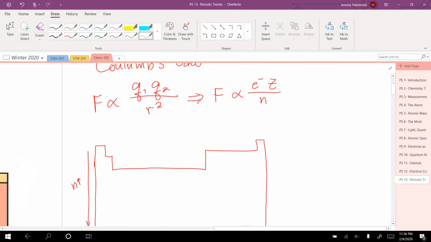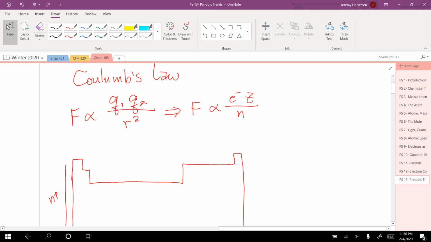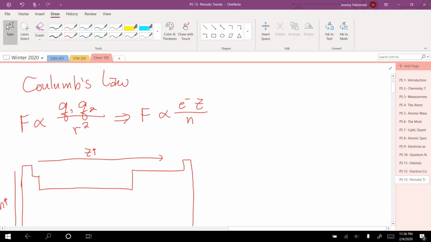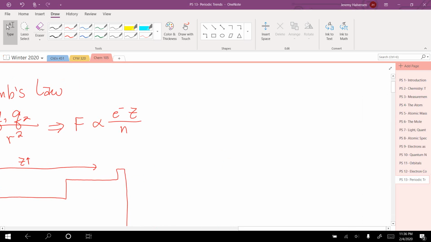Across the periodic table, Z changes. Right, as I go across the periodic table, I'm adding more protons, and therefore Z is going to change.